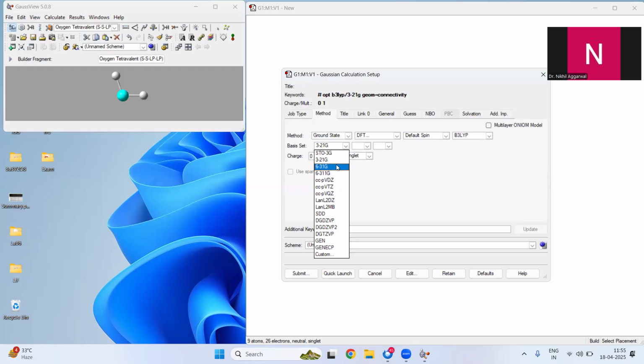The choice is completely up to you. If you are working with a system wherein all the atoms are not covalently linked to each other, then you require a more accurate model, which is LANL2DZ or LANL2MB. Participants, think about ethanol: 6-31G or LANL?